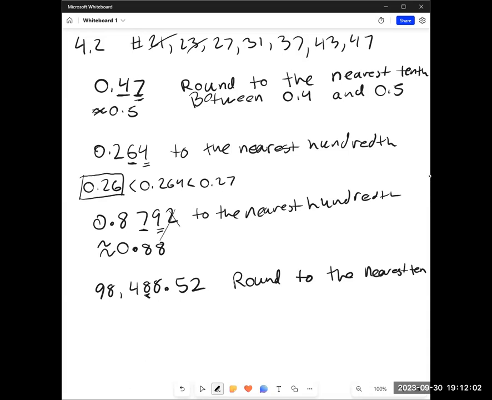The decimal part is not significant at all here. So we're going to round up here. 98,490. All right. Erase here. Some more space.